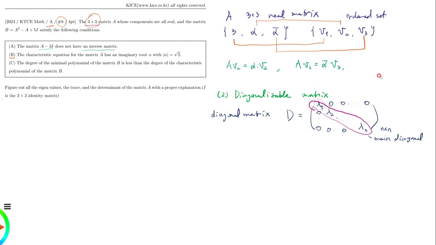So a diagonal matrix is a matrix that makes our lives easier.